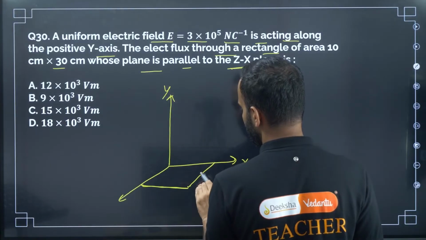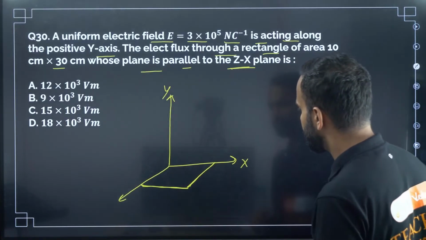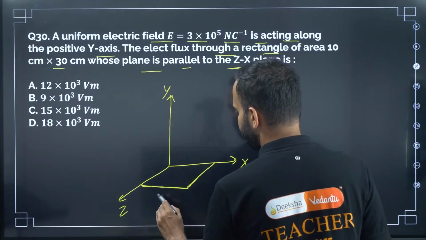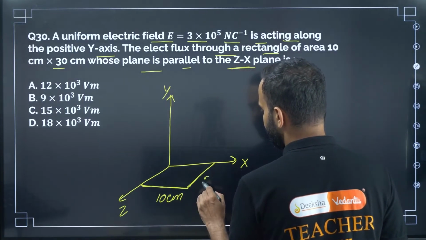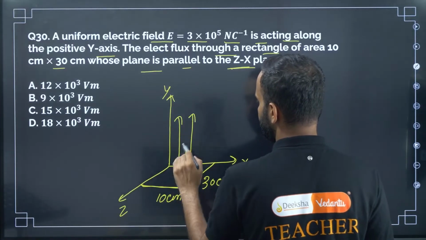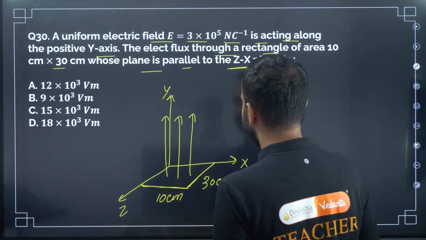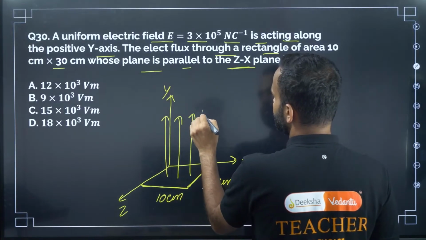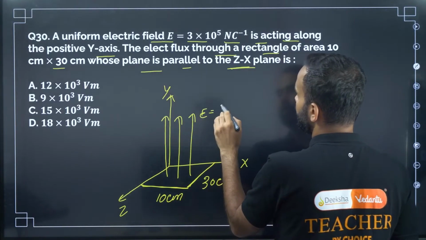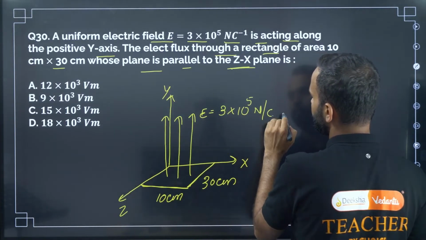So now here this is the rectangle, 10 cm cross 30 cm. These are the direction of the electric field. So what is the electric flux through this rectangle, right? The value of the electric field is 3 into 10 to the power 5 Newton per coulomb.